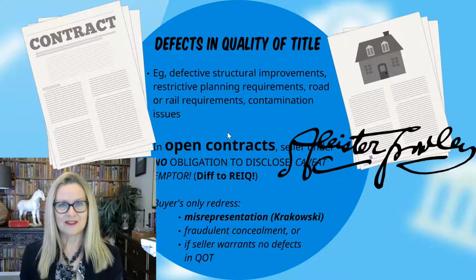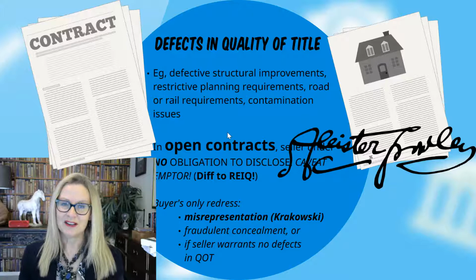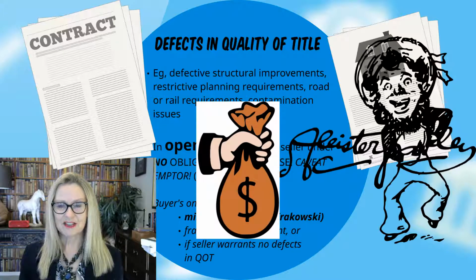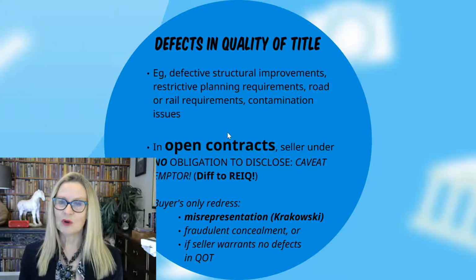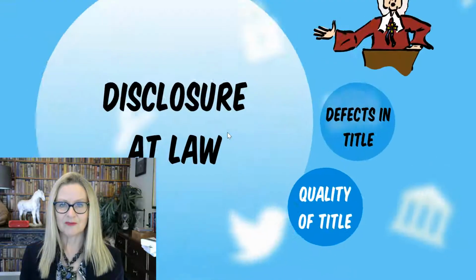The court held that to carry on in this fashion and not disclose the whole side agreement was fraudulent misrepresentation. So good old misrep can come to the rescue occasionally there if you find yourself in a non-REIQ contract situation and there has been a defect in quality of title that was not disclosed by the seller. So that's good old Krakowski. And that's disclosure at law.